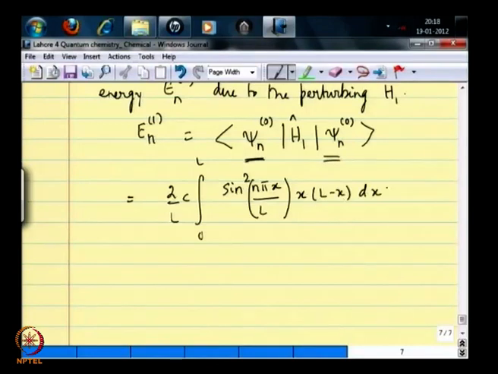So, this is a simple enough integral. I do not want to do that, I will leave it to you to arrive at the result.